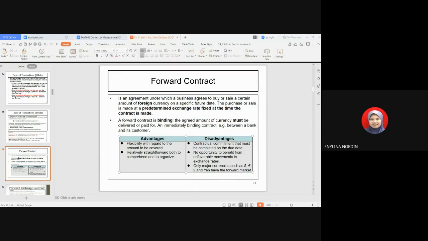So suddenly your forecast is not correct. That means the home currency is actually not depreciating. It's actually appreciating. So that means you lose in that way. So you cannot avoid those losses.